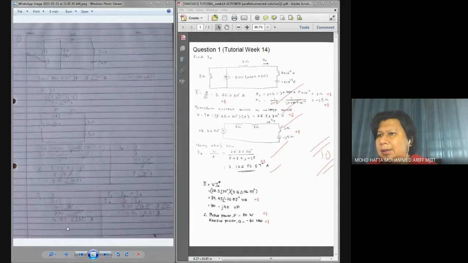But I think for this part, I can consider that you will get full marks, because it's not necessary that we convert from peak value or maximum value to RMS value up until this point.